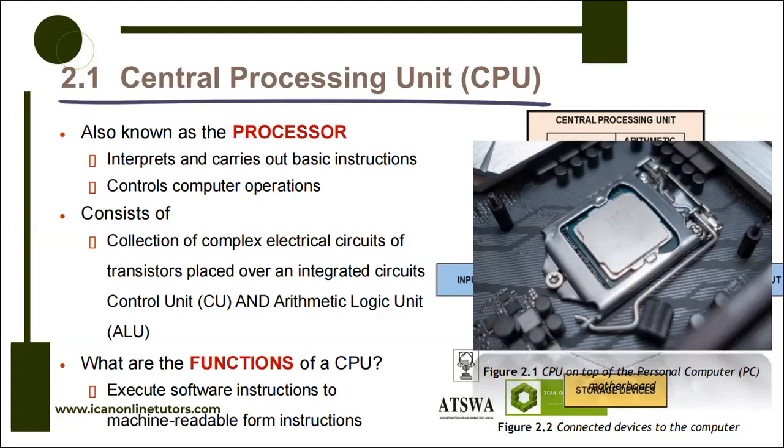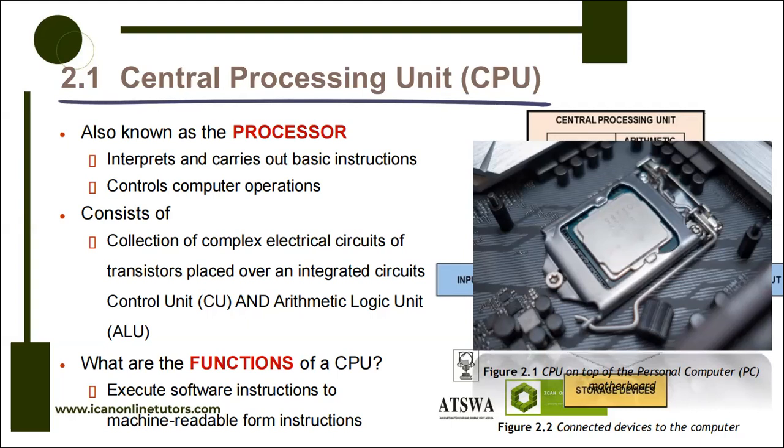Now, central processing unit, CPU. We have three parts for the naming. We have the central part. When we say central, in most cases, we are referring to a meeting point for several operations. Processing refers to the way things are being done, and unit refers to just a singular part of a bigger thing.